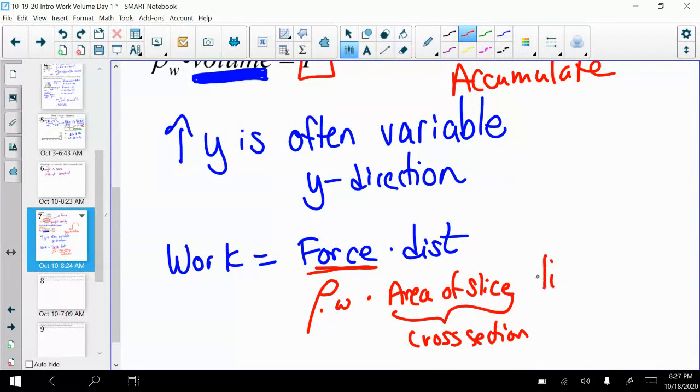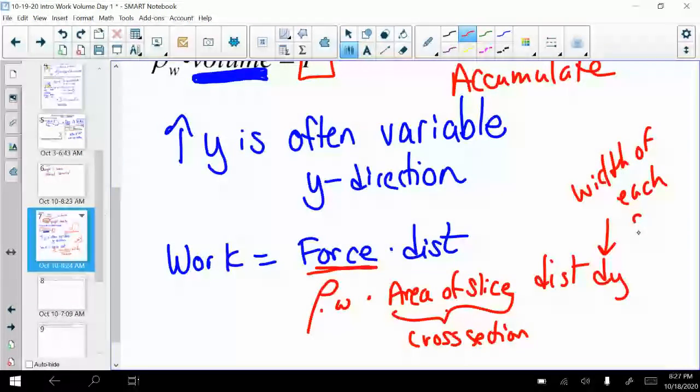And then we're going to have our distance in here still. But this area of a slice isn't a volume yet. So that's where our dy comes in, that's like the width of each slice. And then we just integrate from something to something. Okay? So let's explore this with some numbers, I think it makes so much more sense than when we're stuck in this land of pure variables. So let's look at some examples, and then we'll have some more practice tonight.